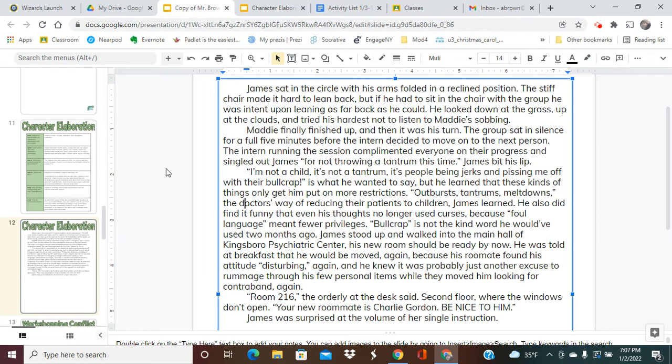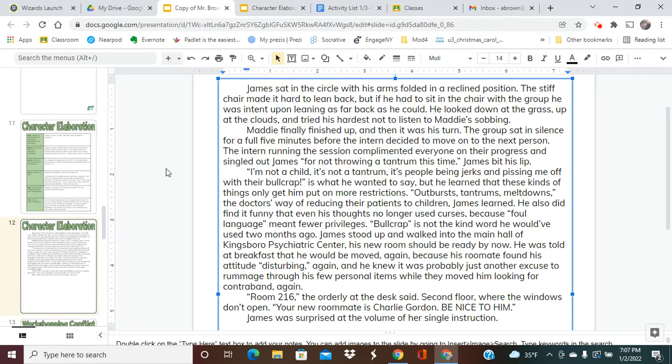He also did find it funny that even his thoughts no longer used curses or foul language, because that meant fewer privileges. Bullcrap is not a kind of word he would have used 2 months ago. James stood up and walked into the main hall of Kingsborough Psychiatric Center. His new room should be ready by now.